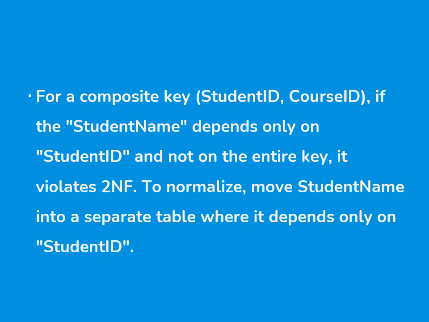In this example, student name is always dependent on student ID, not on the course the student chooses. So we have to move the student name into a separate table. The table should then contain only student ID and course ID, which is enough to understand the entire thing.